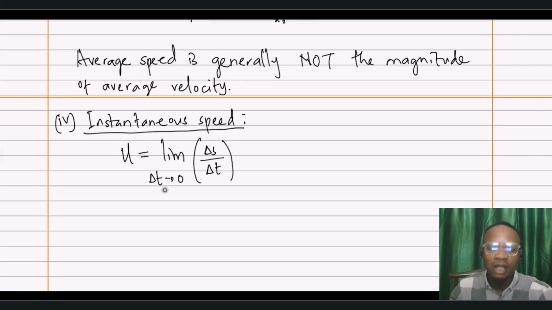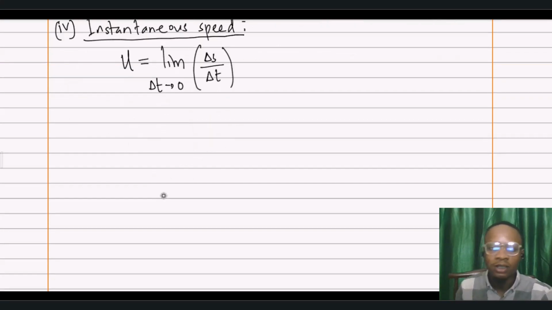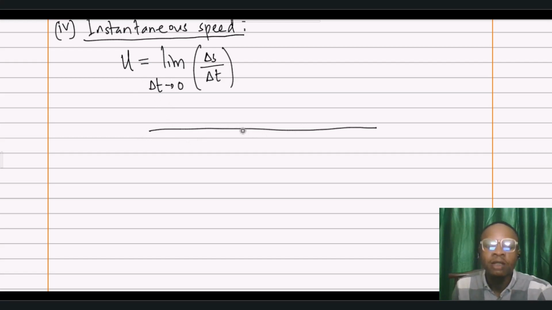I need you to think along with, or reason along with, what I'm about to do now. Imagine that the time interval is extremely short, almost 0. Let's say the body is moving on a straight line and the time interval is extremely short. So we have something like this. Let's say the body is initially at this point, and then at a later time, the body is at this point. Because the time interval is approaching 0, this delta S here will be equal to the magnitude of the displacement.